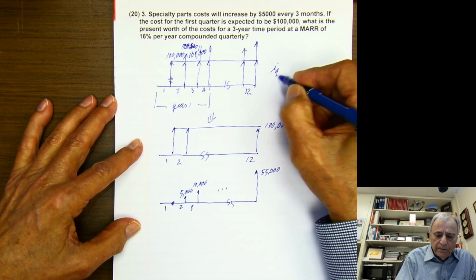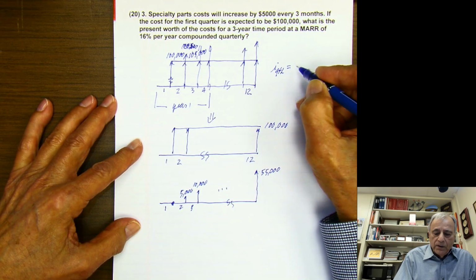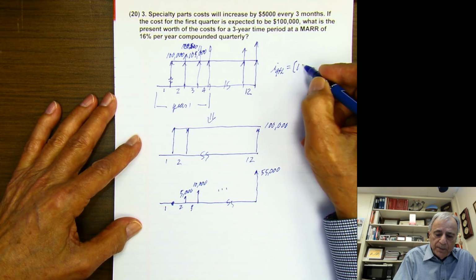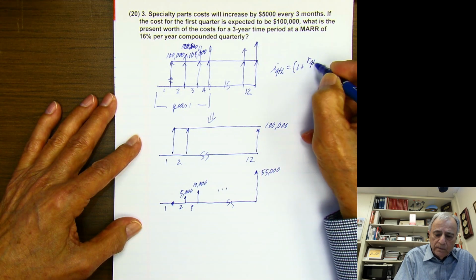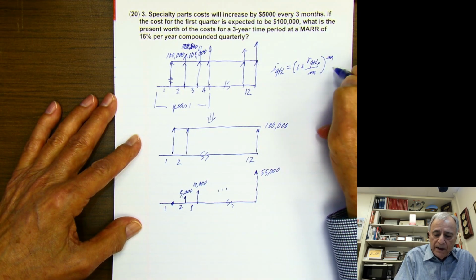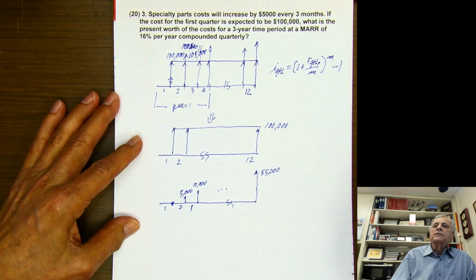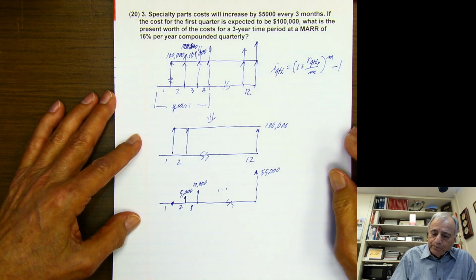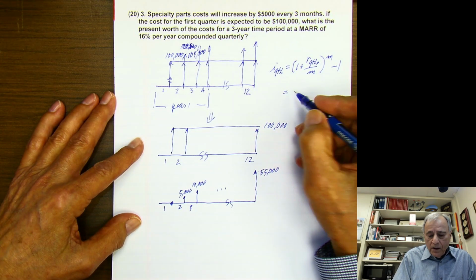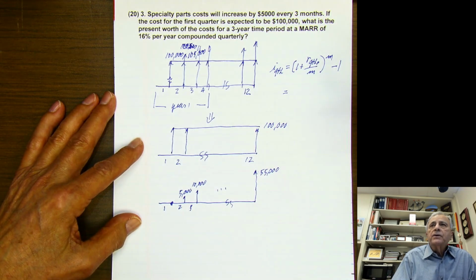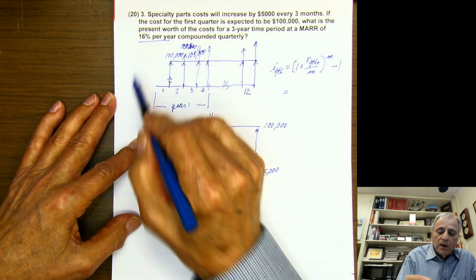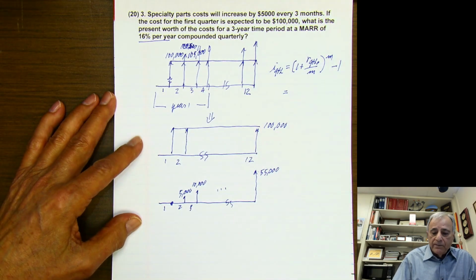I quarterly, using the effective interest rate formula, is equal to 1 plus R quarterly over M to the M power minus 1. You should know this formula from chapter 3. R quarterly, remember, you can convert from R annual to R quarterly just by dividing it by 4.